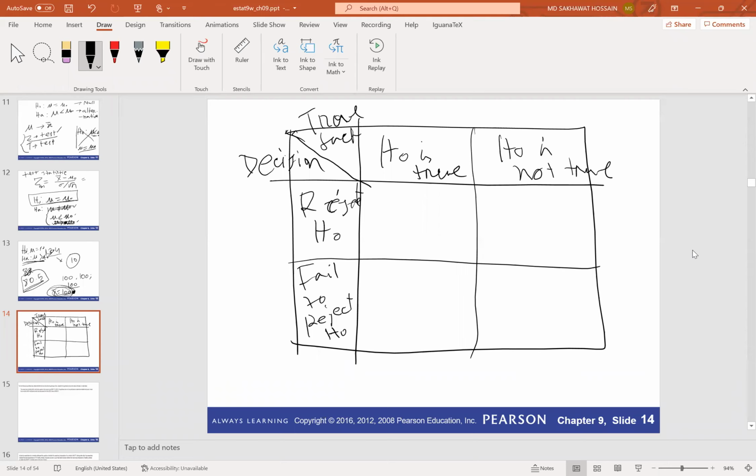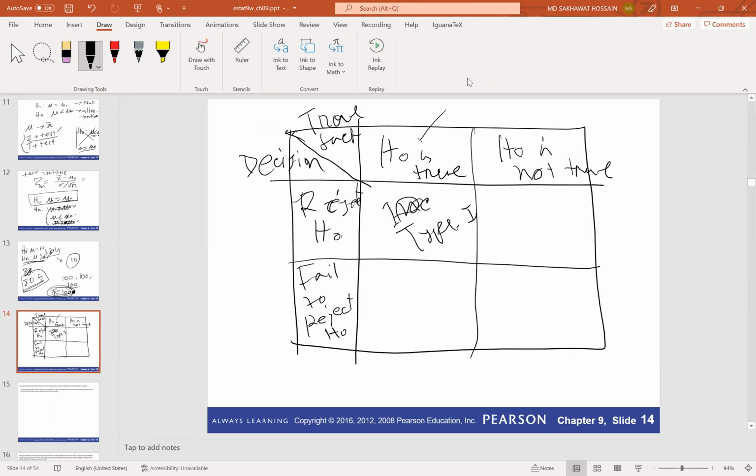So when the null is true and we reject the null, our decision is wrong, right?